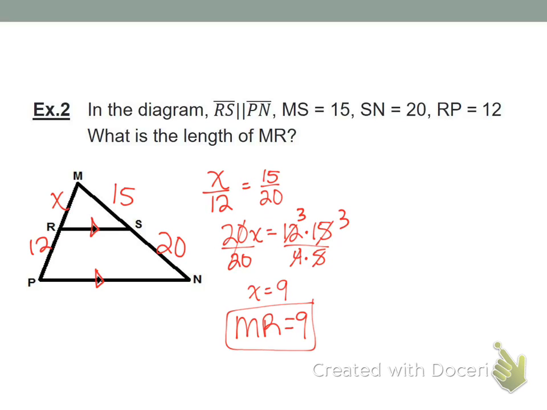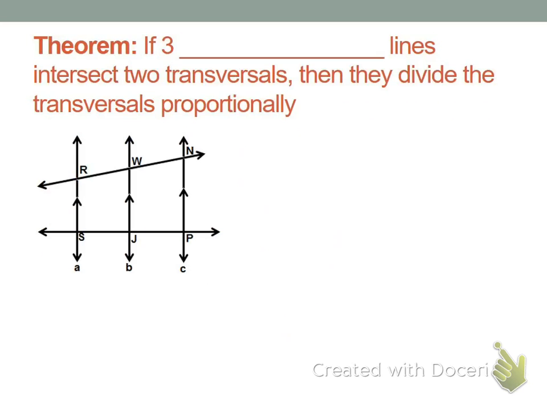But I better see your original proportion and your cross products, and then your answer. Questions, concerns about what I expect? Questions, concerns about how we did the problem? Alrighty then, on we go.